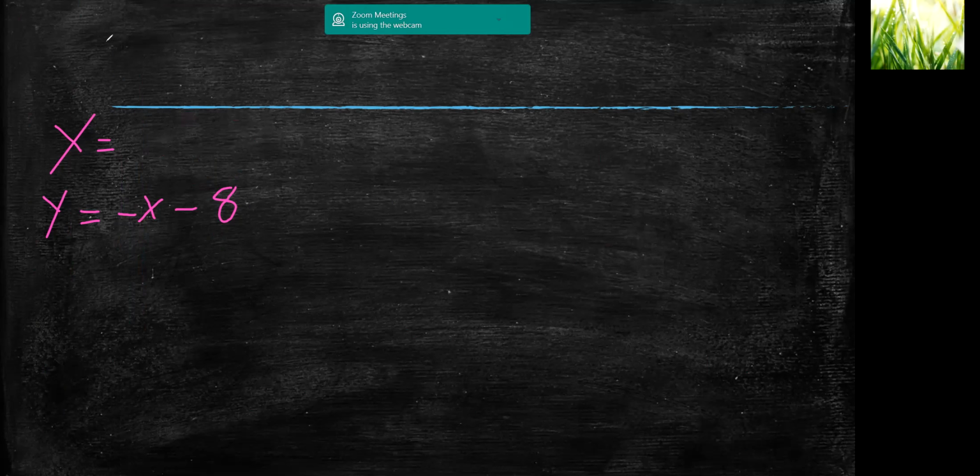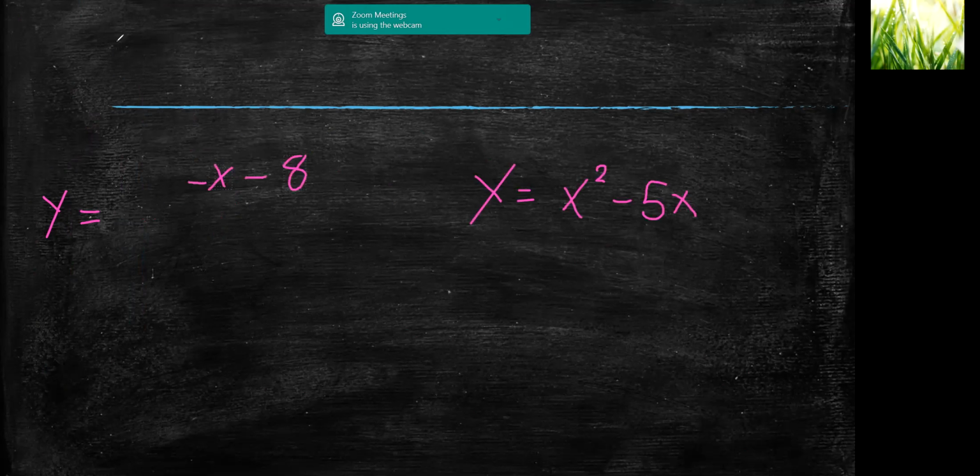So let's write it here as y equals x squared minus 5x. So we have this equation, the first one. Let's take it here. Now, I told you I want to replace negative x minus 8 instead of y.